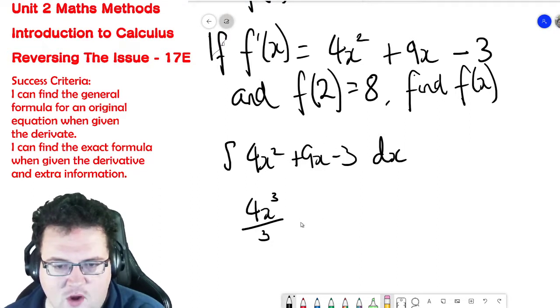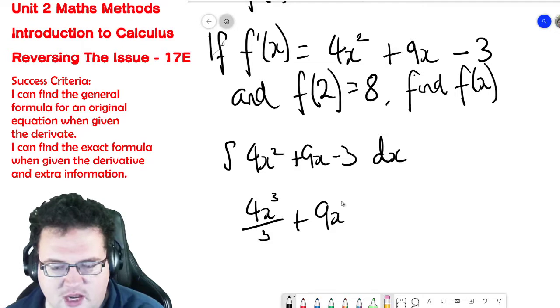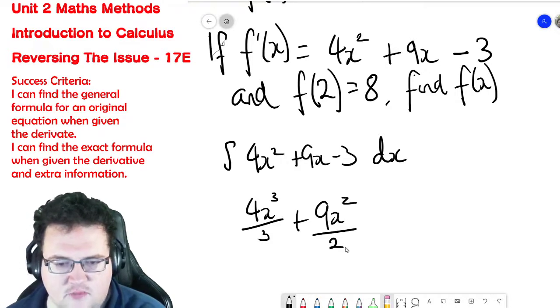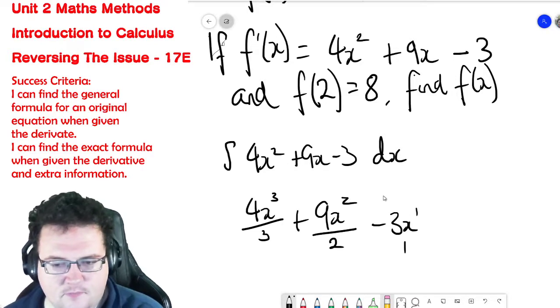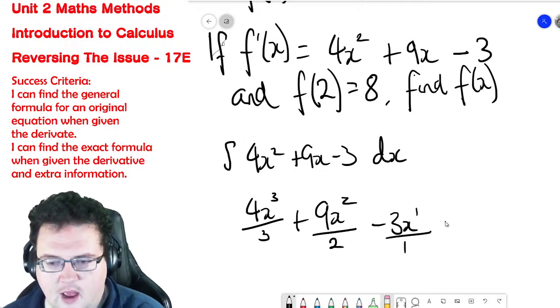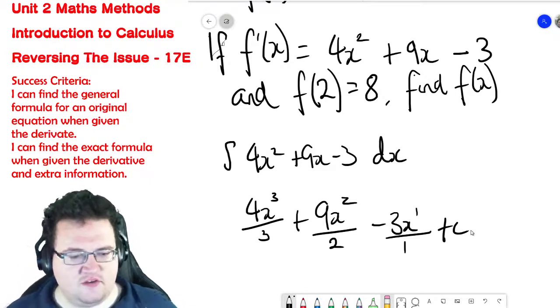Add 1 to the power, so it makes it 2, divided by 2. So that's going to be 9x squared divided by 2. Then x to the 0, add 1 to the power, divide by the new power, so that's x to the 1. Plus c, because we always have to have a plus c.